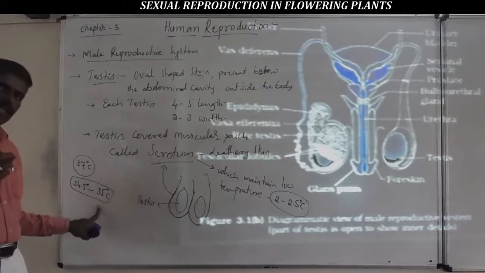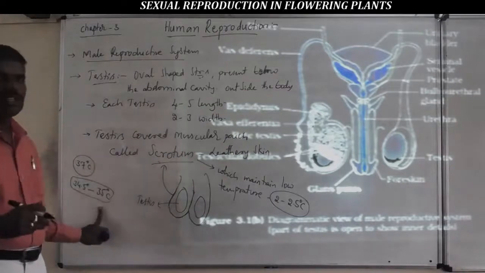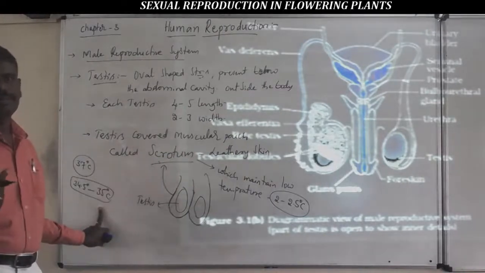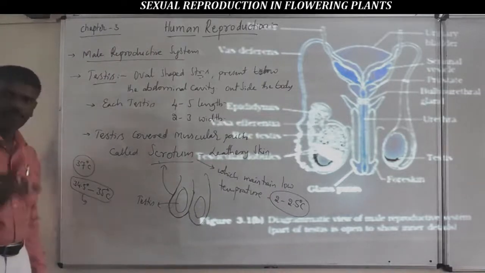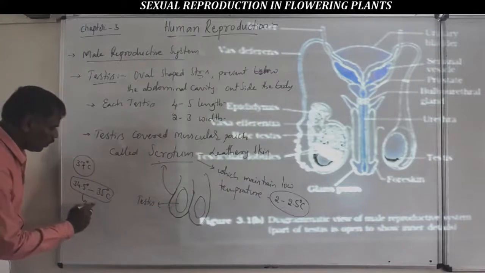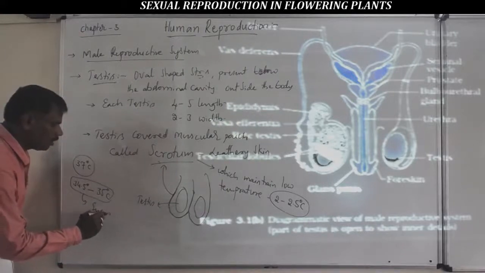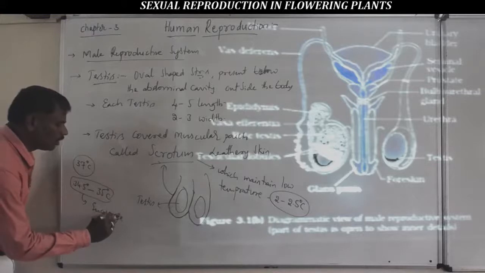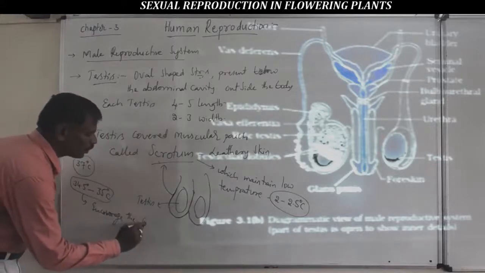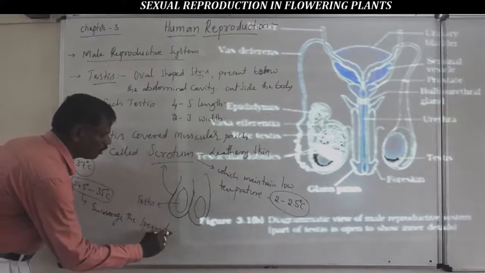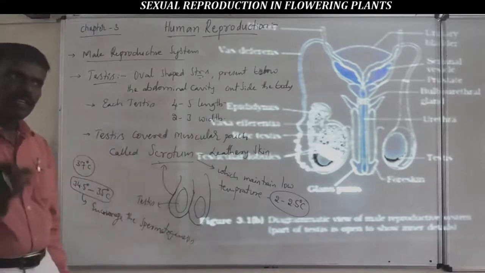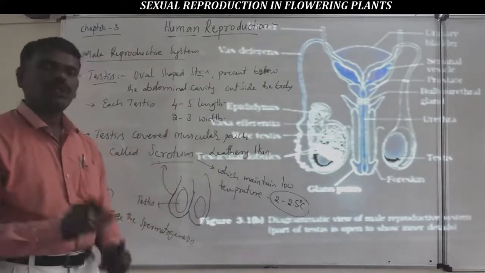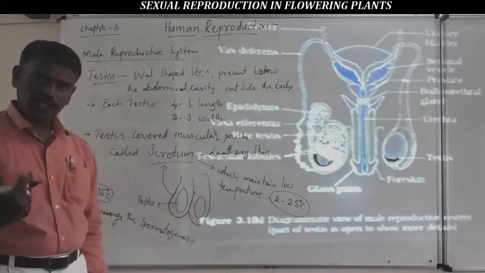Why does the scrotum prevent the high temperature of the body? Because the lower temperature in the scrotum encourages spermatogenesis. That is, less temperature helps in the production of more sperms.